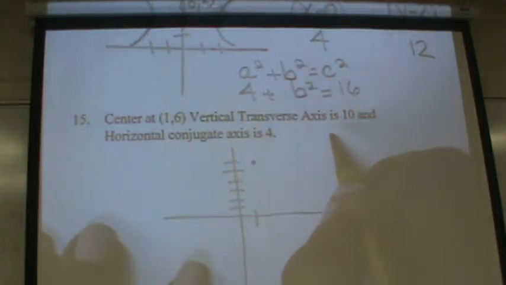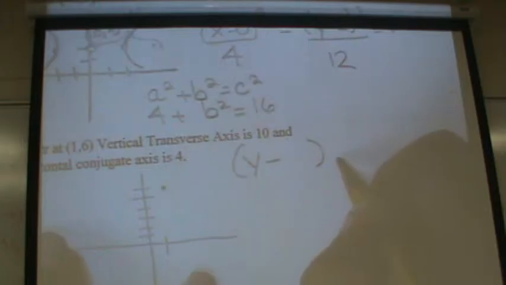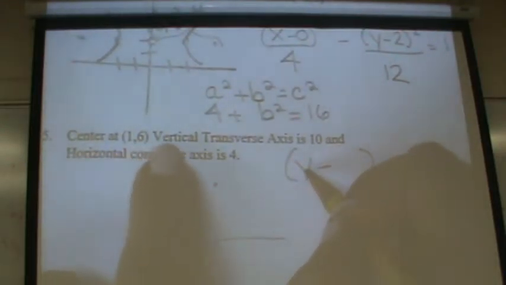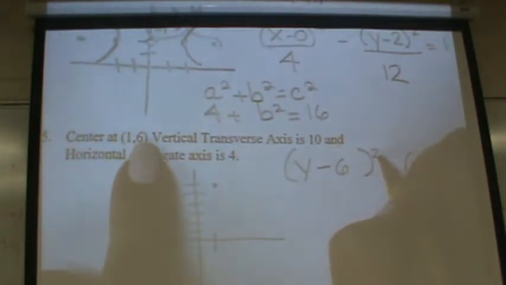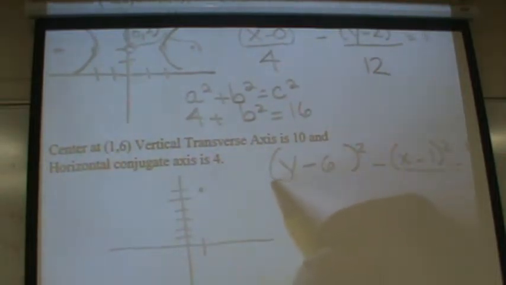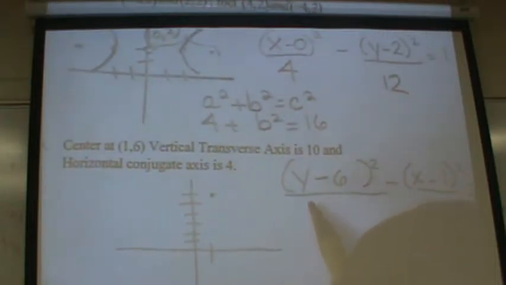So this is going to start with the y value. This is going to be y minus, x minus. So it's y minus 6 quantity squared, x minus 1 quantity squared. Now what should go underneath the y value?